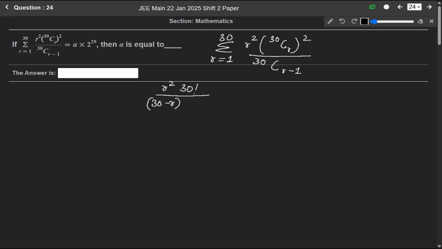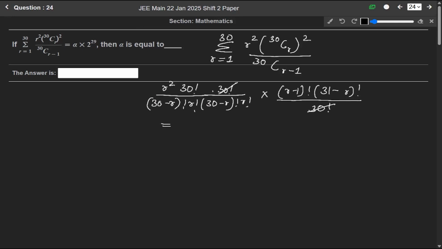Okay. So this r square (30Cr) squared means it will be r square times 30 factorial over (30 minus r) factorial into r factorial, into 30 factorial over (30 minus r) factorial into r factorial, into (r minus 1) factorial (31 minus r) factorial over 30 factorial. Okay. So when we solve it, this 30 factorial cancels out.